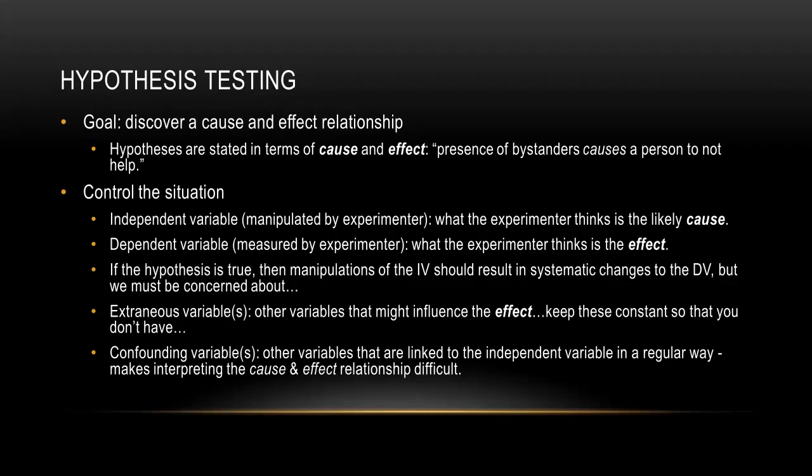But I have to also realize that the world is not that simple, and that the presence of bystanders and how many bystanders are present, while that might play a role in someone's likelihood of helping, and therefore is an important factor in the cause of their behavior, it's likely not the only cause of their behavior.